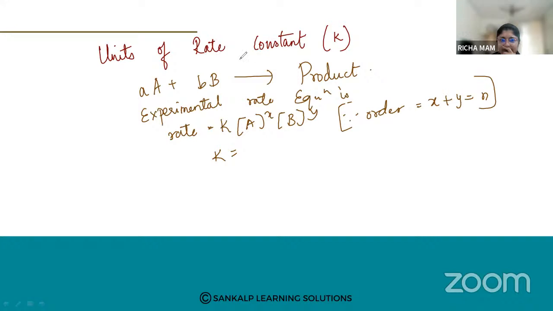Now, what is K? We are finding the unit of K. So K is equal to rate divided by A raised to X and B raised to Y. What is rate?